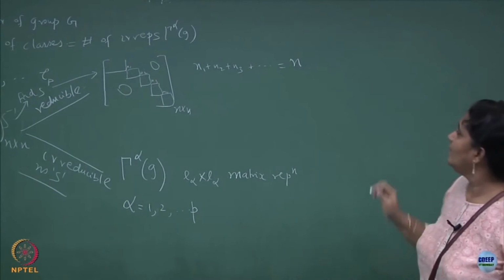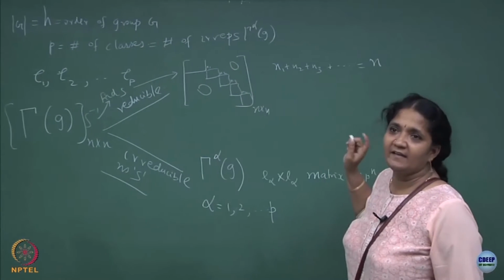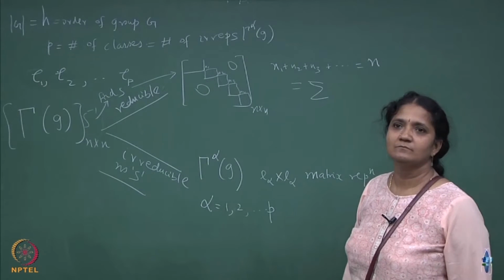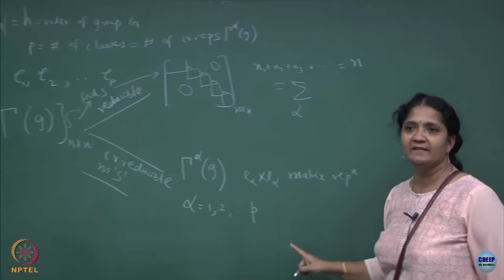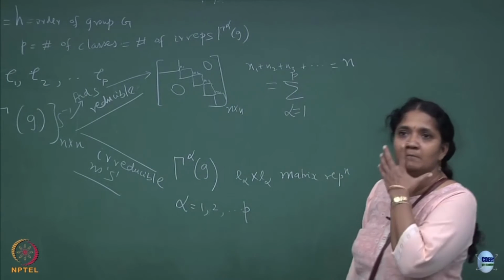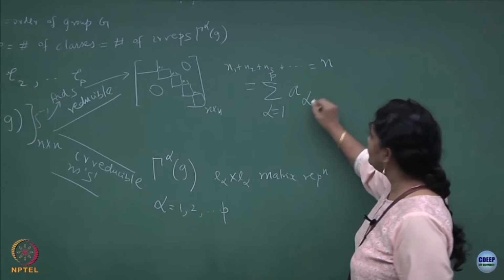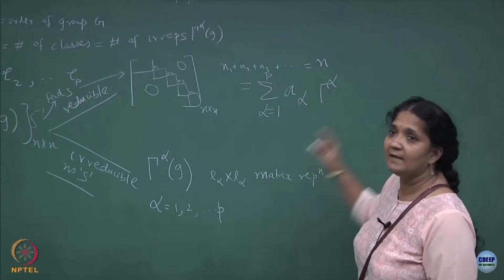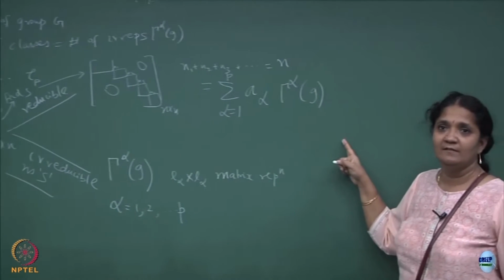So, that is one. Other thing I said is that in principle I can rewrite this as a summation over all the irreps. I am denoting the irreps by index alpha, which goes from 1 to p, A alpha gamma alpha, for every element. And someone was asking what is the meaning of this.